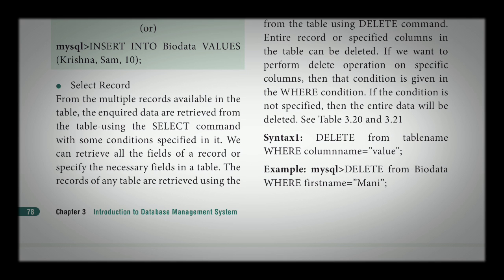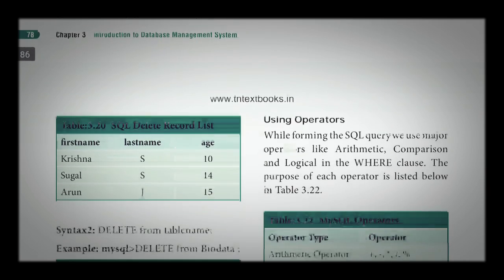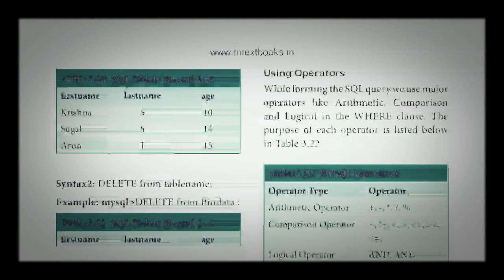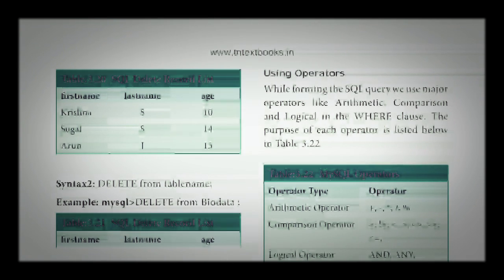The first name may have so many monies, so many records will be there with the same name. This command will delete the entire record whose first name is money. In table 3.30, you can see the SQL delete record list. Money is removed here.